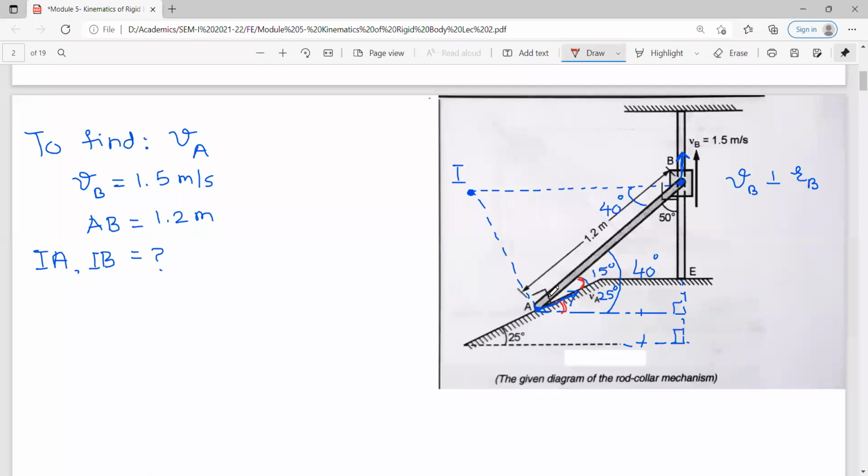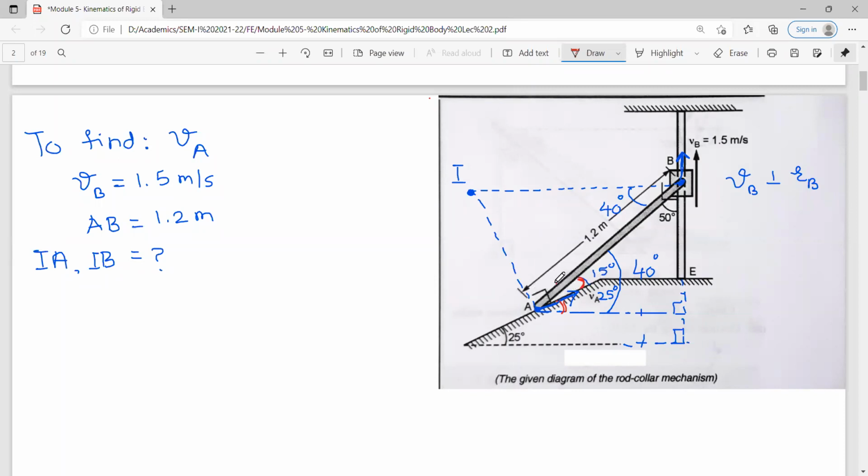Again, this velocity vector of point A and the radius are perpendicular. So out of 90 degrees, 15 degrees is the angle between the rod and the inclined plane.